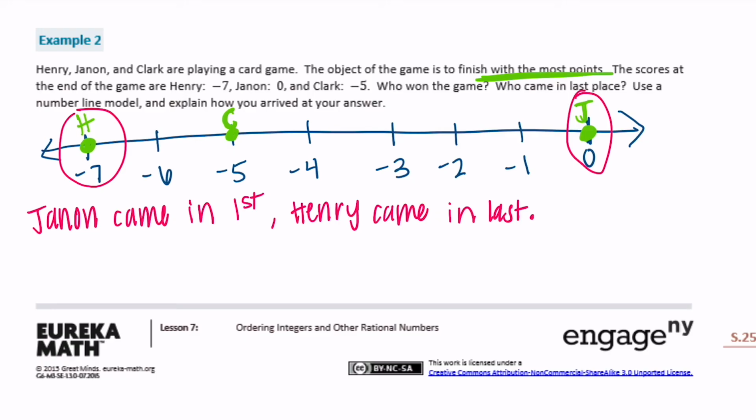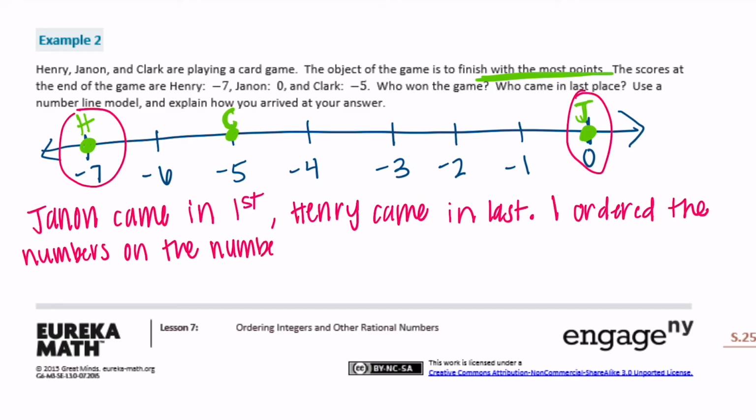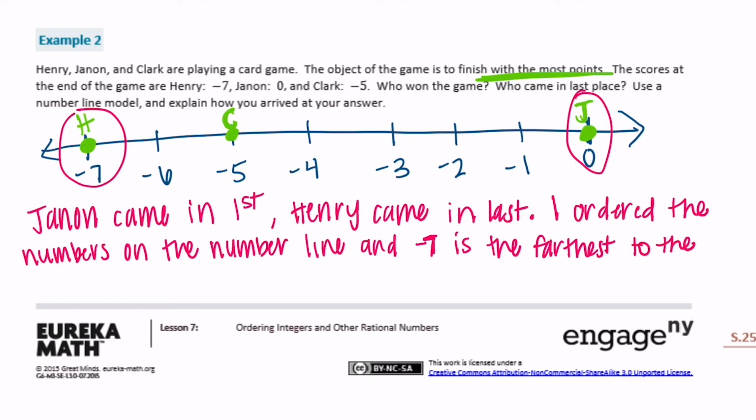We can say, we need to explain how we got our answer. So I ordered the numbers on the number line. And -7 is the farthest to the left.